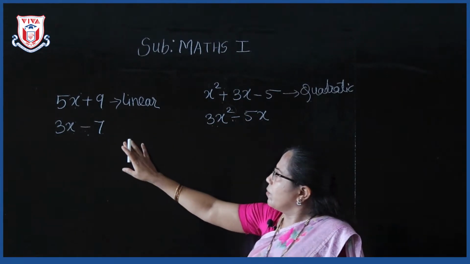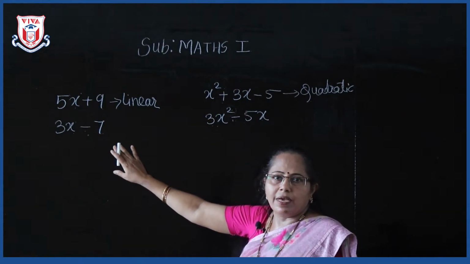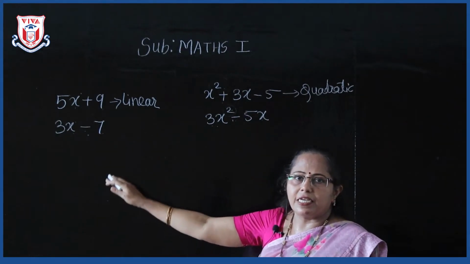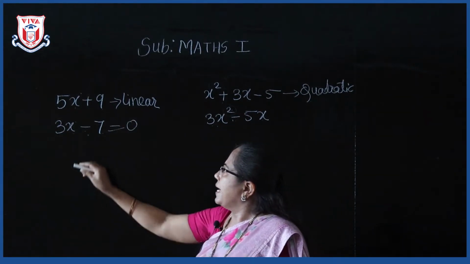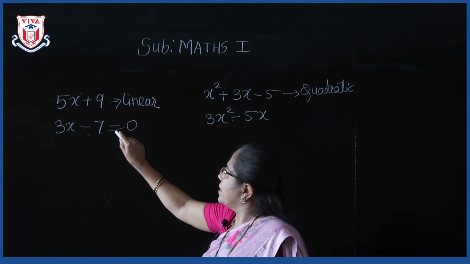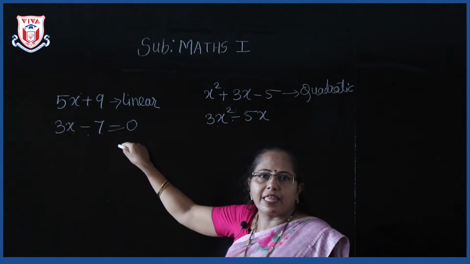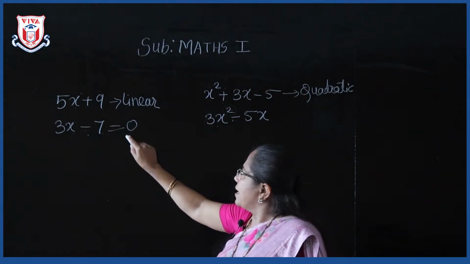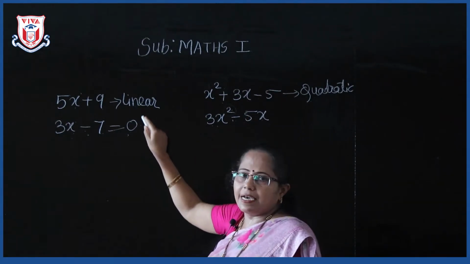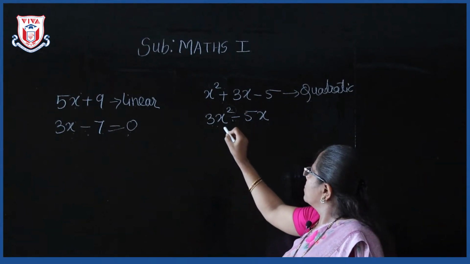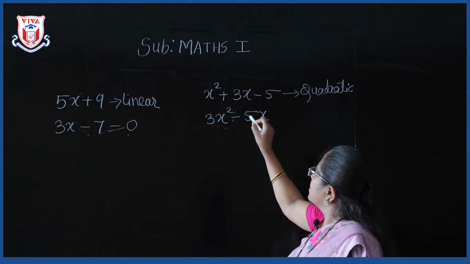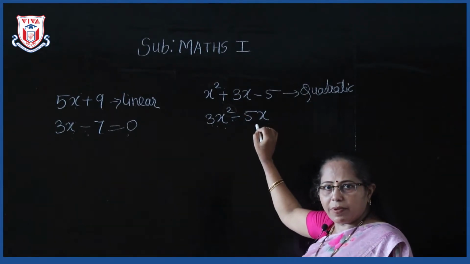Now if you equate this polynomial equal to 0, that means 3x minus 7 equal to 0, then you will get an equation. And this equation is called a linear equation. Followed? Now here also, 3x square minus 5x, this is a quadratic polynomial.